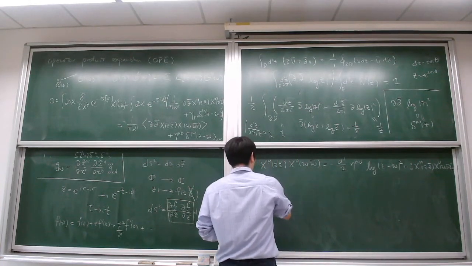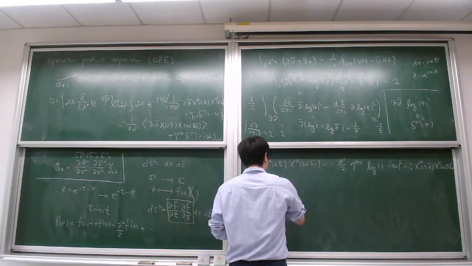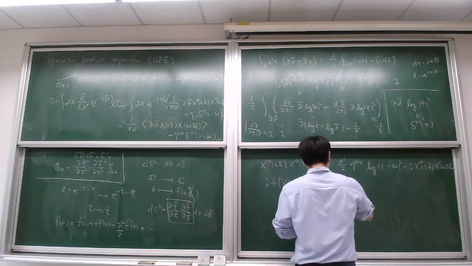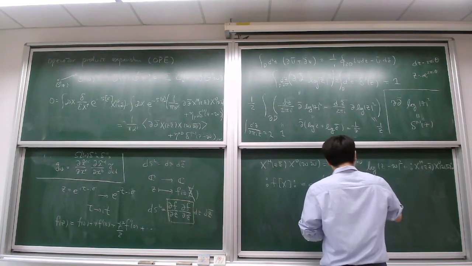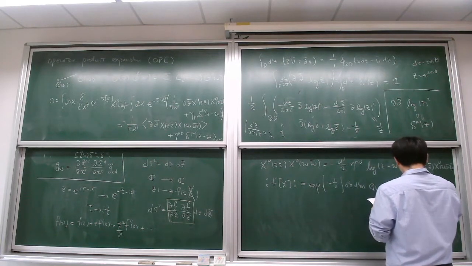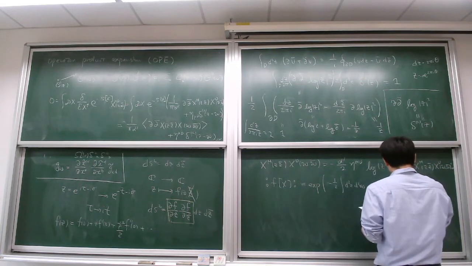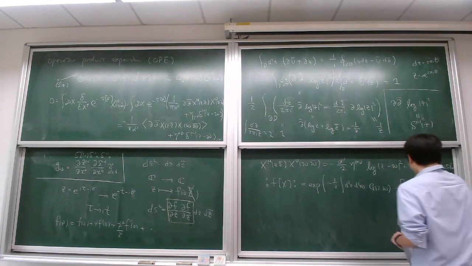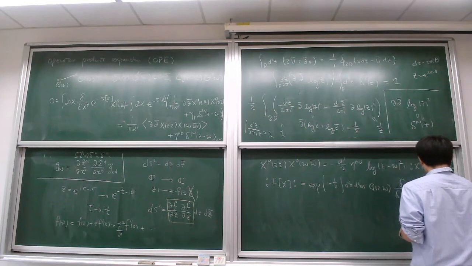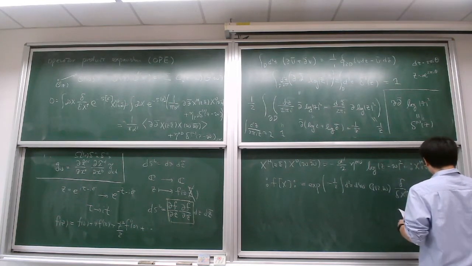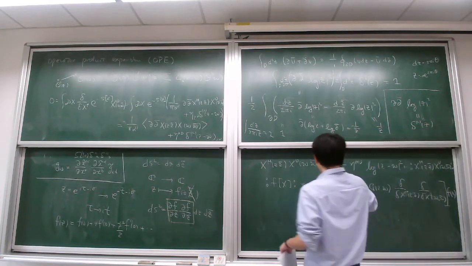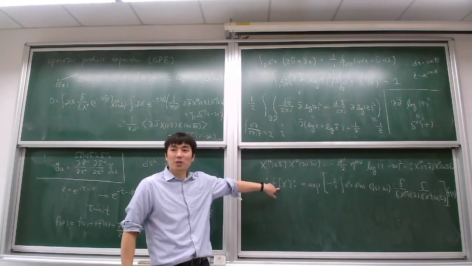So the normal ordered product we can obtain, in principle, by just acting with minus 1/2 d squared w g w on f of x. So in principle one can obtain the normal ordered product for any operator which is written in terms of x.